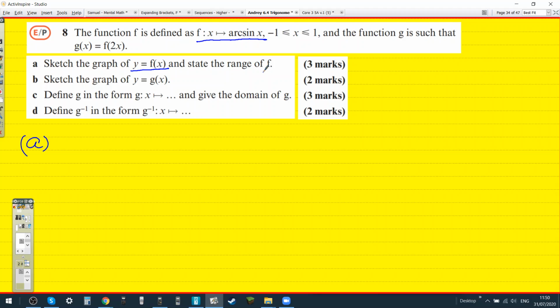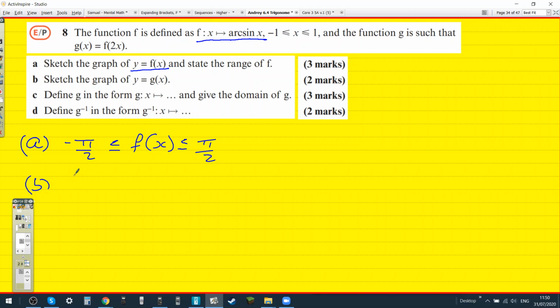And what is the range of arcsine x? Would it be minus pi over 2 and pi over 2? Yeah. And I'll put the f of x in the middle instead of y, because maybe I'll need f of 2x or g of x or something with the other stuff. So I know, lots of y's everywhere. Okay.